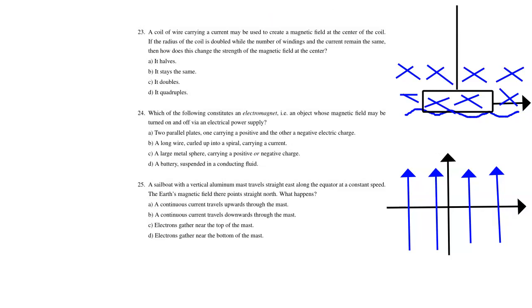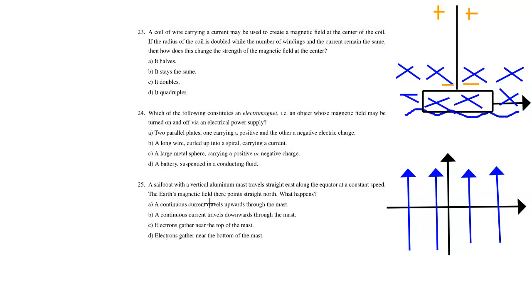Negative charges want to go down. So I get positive charges gathering here, and negative charges gathering down here. Make sure it's really an application of the right-hand rule to the mast moving through the field, understanding that negative charges go the opposite direction. So the answer is D.